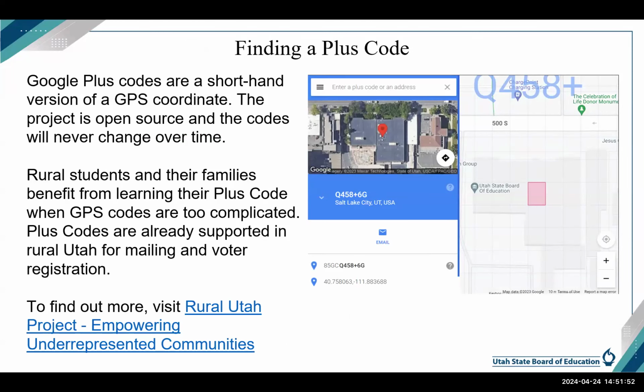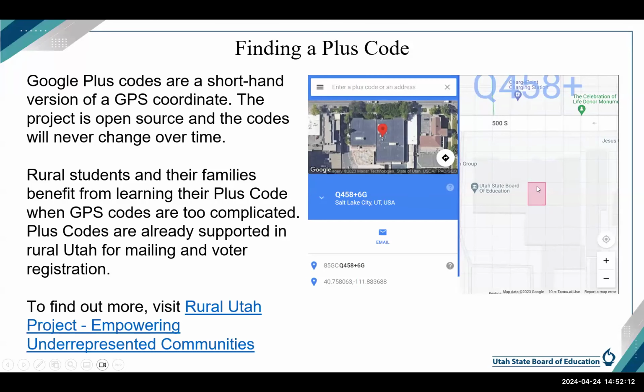So if anybody hasn't seen plus codes, this is a quick screenshot of USBE looking up a plus code. And you can see that we've got these nice little grid boxes. These boxes can go smaller, and you could define it even lower level than this.